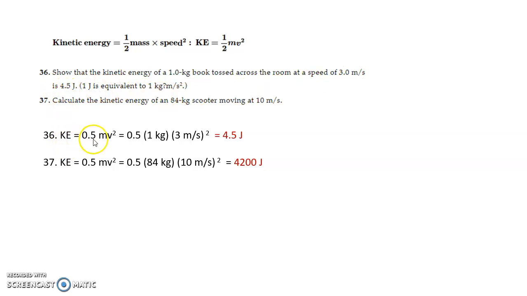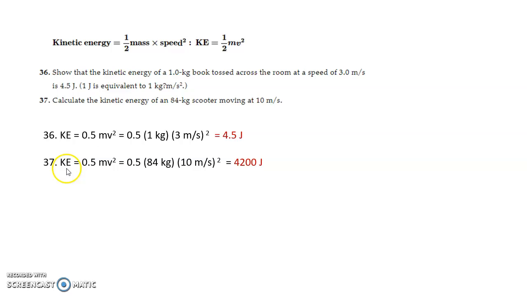So kinetic energy is 1 half times a mass of 1 kilogram times the speed of 3 meters per second, and we square that. So this ends up as 0.5 times 1 times 9, and that gives you 4.5 joules. We do the same thing for problem 37, where our mass is 84 kilograms and it's moving at a speed or velocity of 10 meters per second.